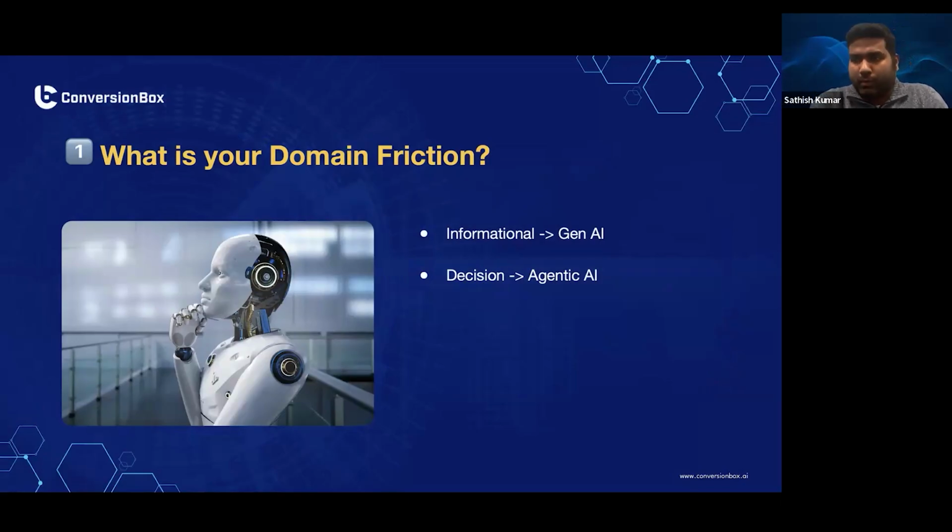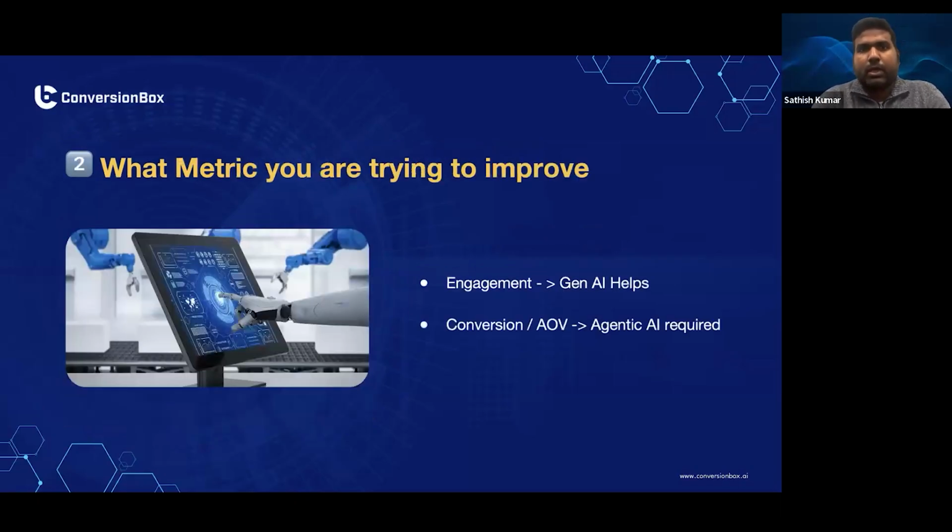But if you think your conversion is poor, and from search to engagement it is poor, then go for decision-based agentic AI. You can also think about what metrics you want to improve. If many customers are abandoning your site on the product page, then the engagement on the product page is poor.